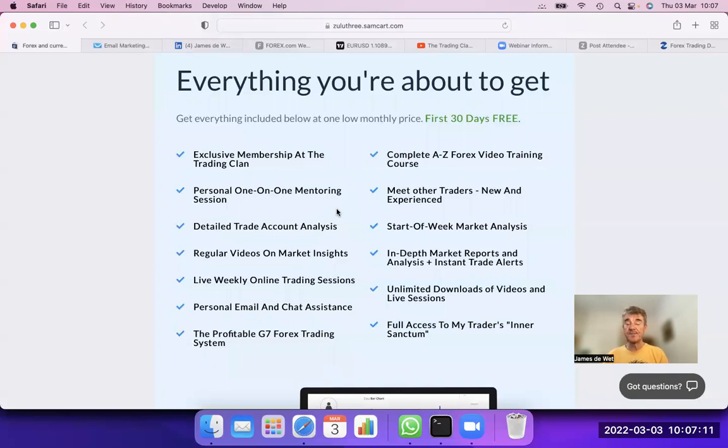Well, I say exclusive because, quite frankly, if there are a lot of members on board, I don't really want too many. I want to be able to pay attention to the members that I do have. So at some stage, it's likely that we'll restrict new membership. I want to try and keep it exclusive.